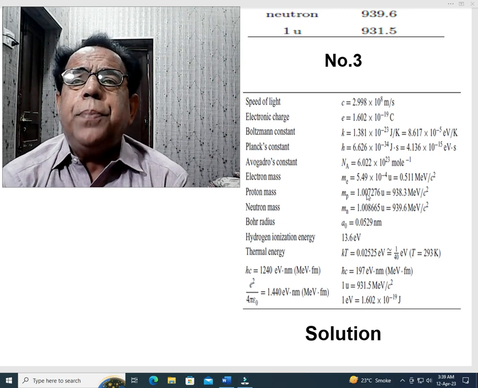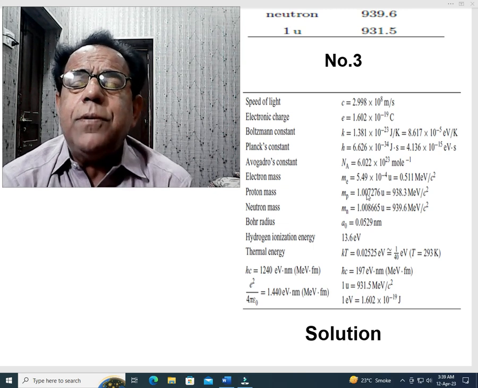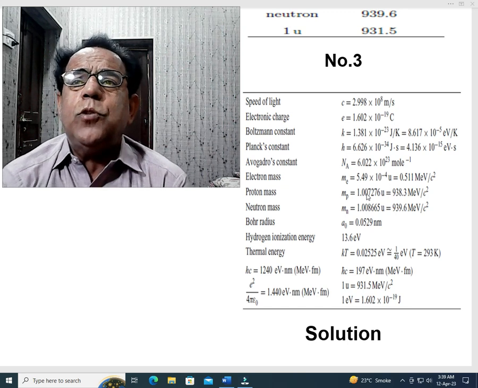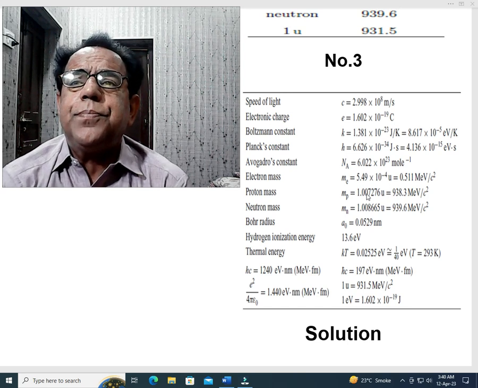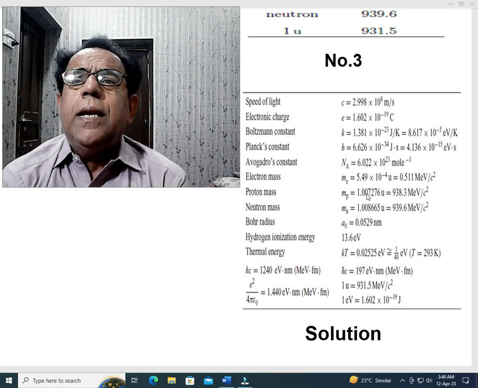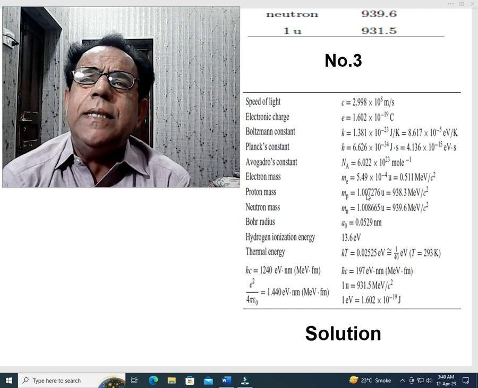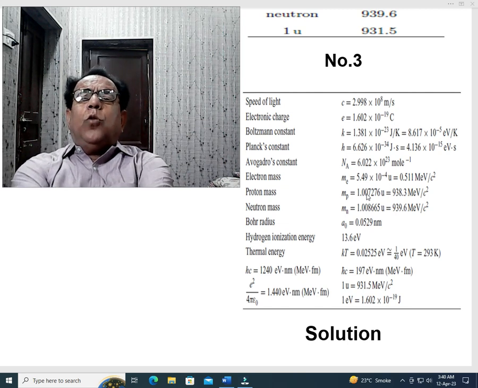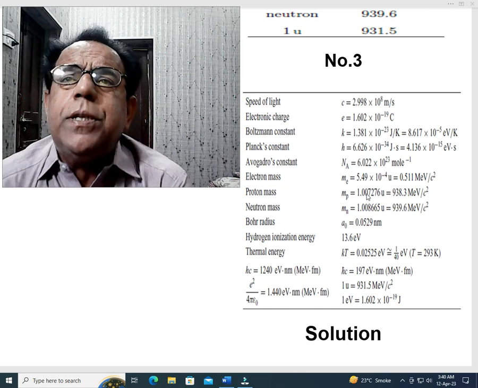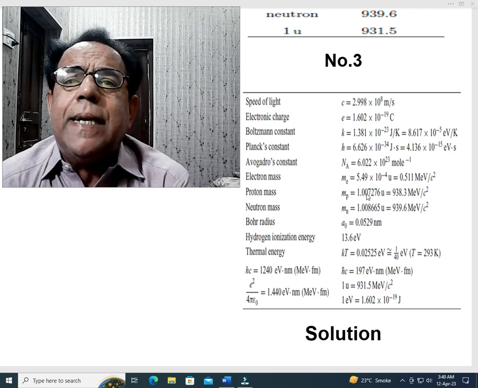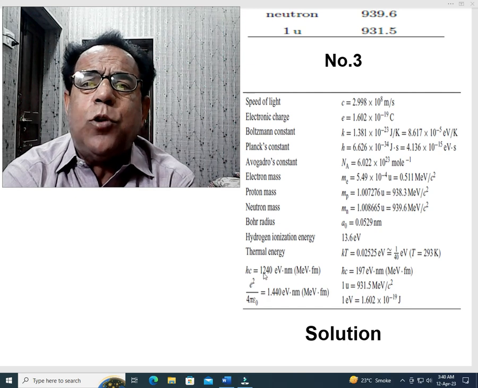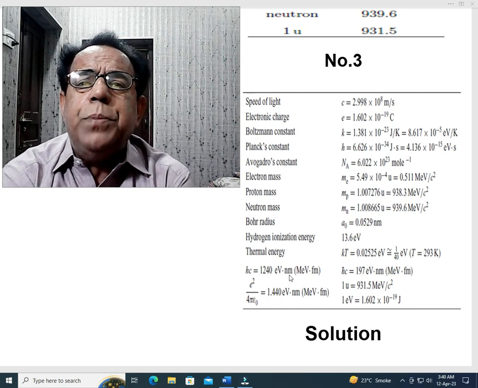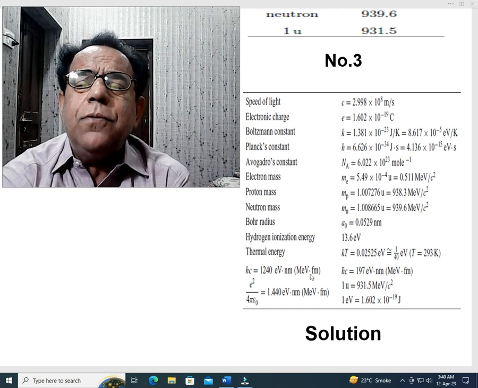Moreover, Planck's constant, which has been given in an alternate system of units, will be used. Here we will use its second equivalent value. Rather, we will not use these separate values of h and c; we will use the combined effect of h and c, which is given in the second last line. Hc equal to 1240 electron volt nanometer or million electron volt femtometer.